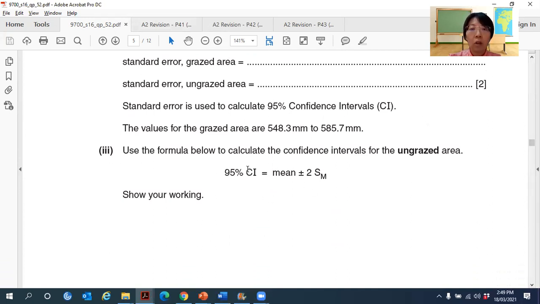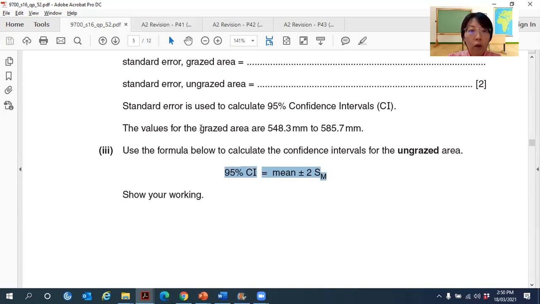So here is a very important concept that they ask you to calculate. Standard error is used to calculate the 95% confidence interval, CI. And the CI is given as mean plus minus 2SEM. You have actually learned this already, right? The confidence interval with 95% confidence is mean plus minus 2SEM.